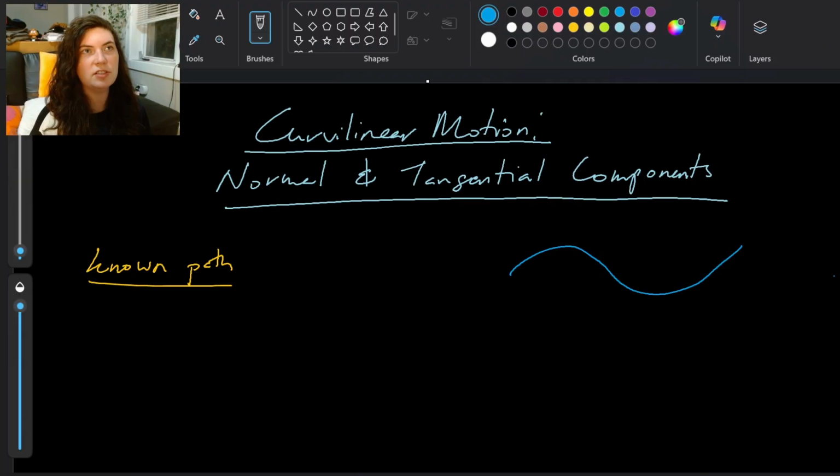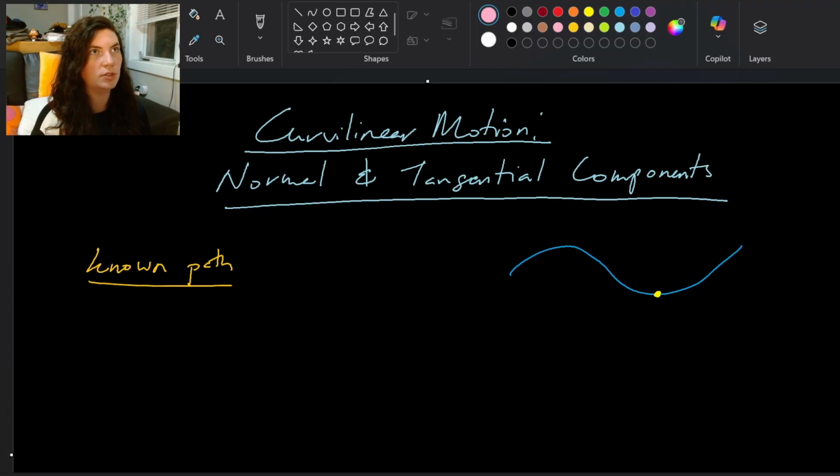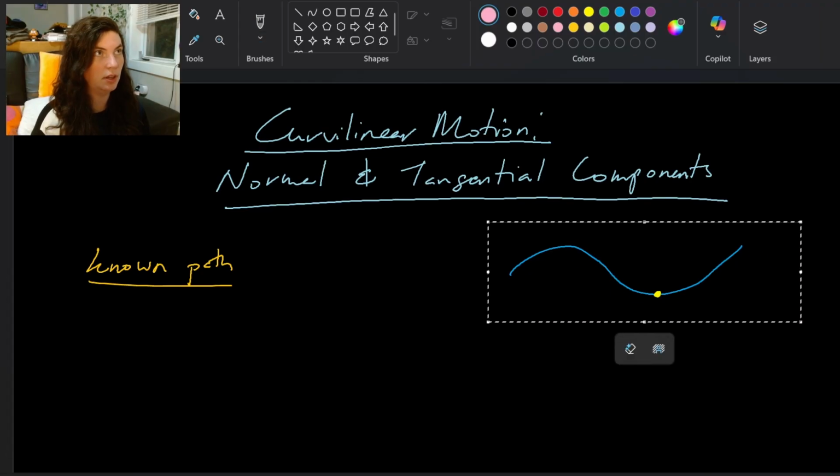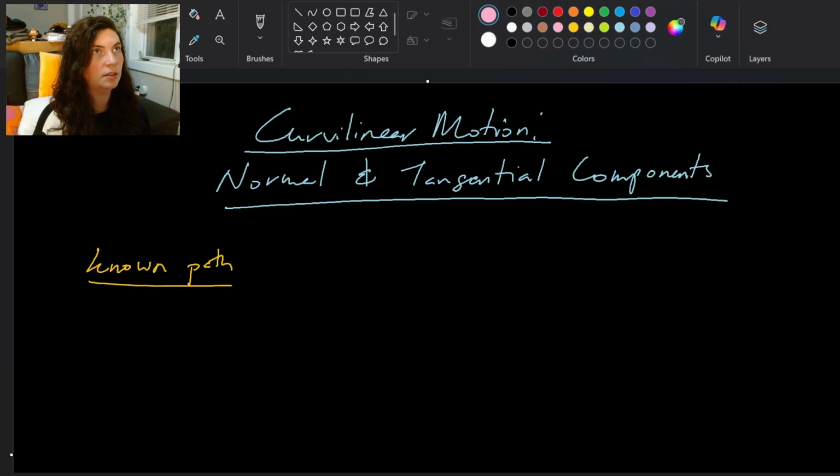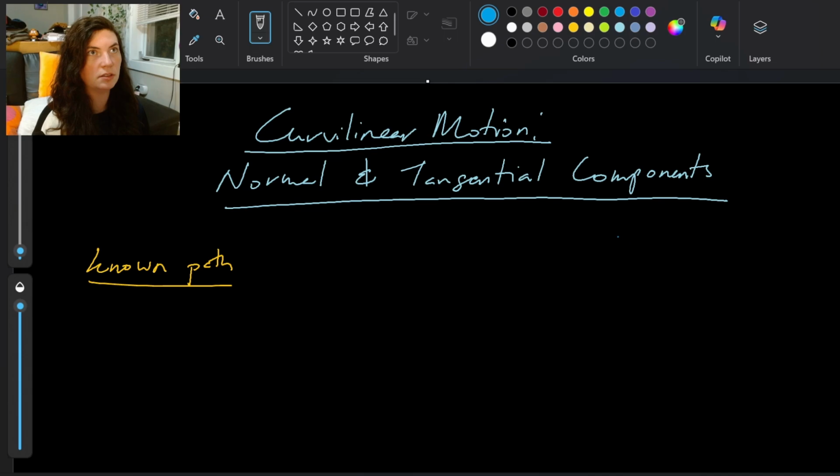So if I have some curve that my particle is traveling along, say he's right here on my line.